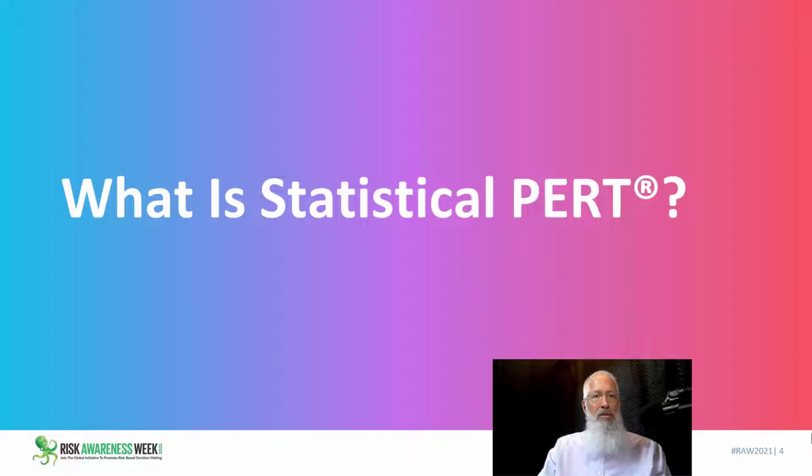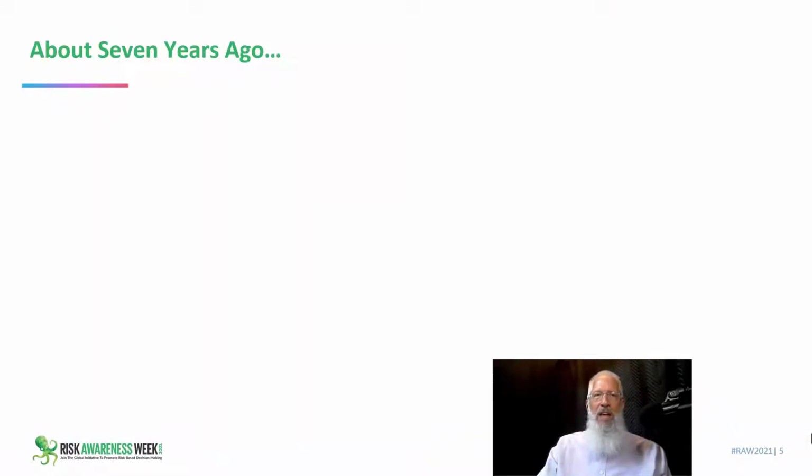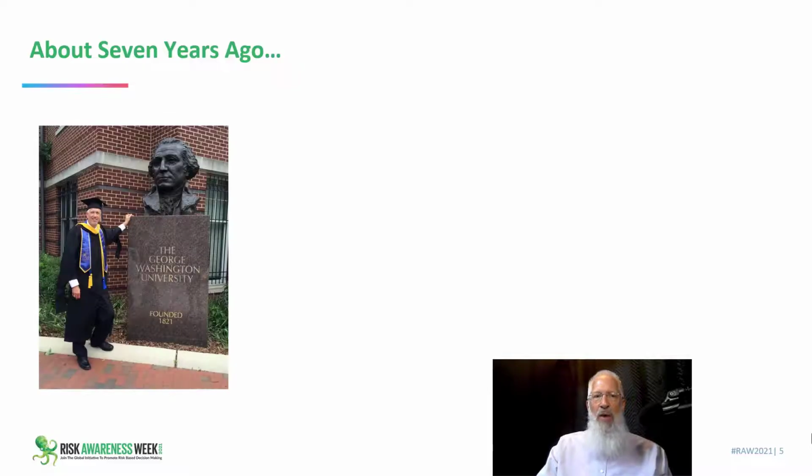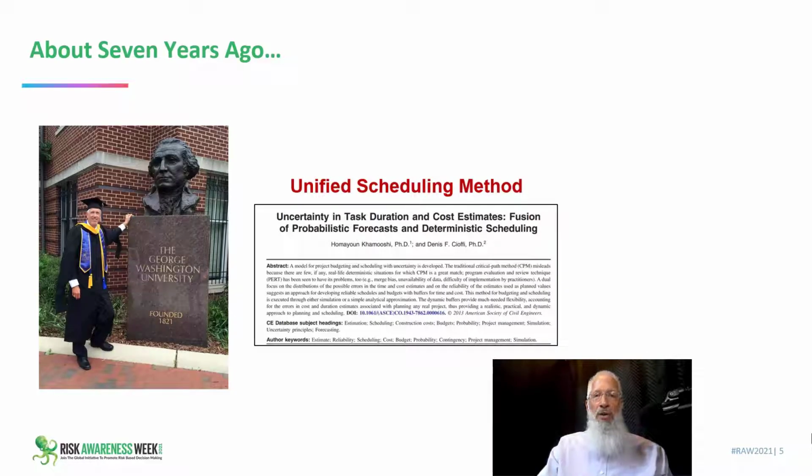So what is Statistical Pert? Good question. Well, about 7 years ago, I graduated from the George Washington University with my Master of Science in project management. I learned a lot of really good techniques and tools, and among them was this one called the Unified Scheduling Method. It was something invented by two of my professors at GW.